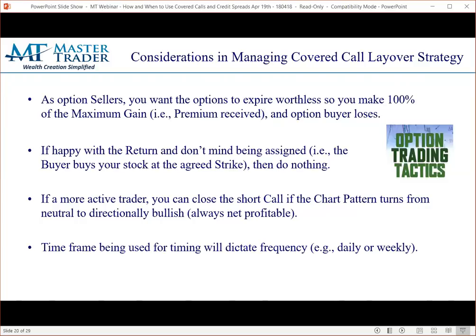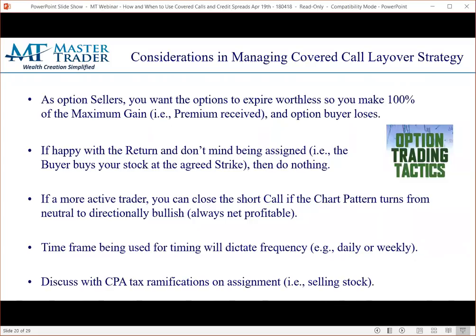The time frame you use to determine when you think it's a short-term topping or reversal pattern is also going to change depending on which chart you're taking your signals off of. Do you want the daily to be a top, the weekly to be a top, monthly to be a top? And that all is dictated by your trading plan.